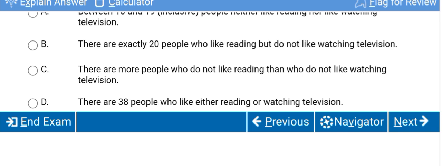Option C, there are more people who do not like reading than who do not like watching television. Option D, there are 38 people who like neither reading nor watching television.